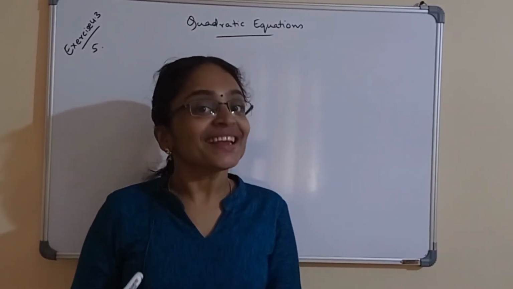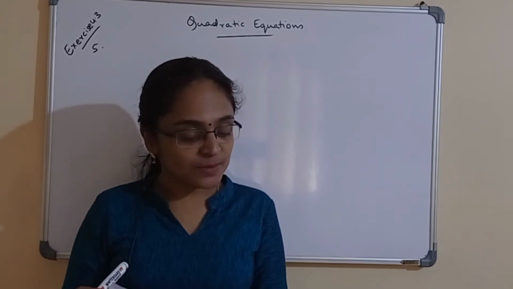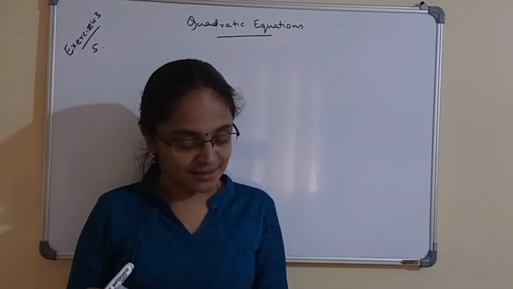Now fifth question. In a class test, the sum of Shefali's marks in mathematics and English is 30.